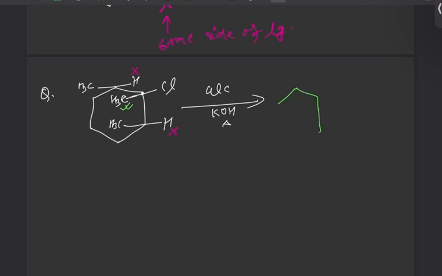So if I draw the product, now you are getting it. I have given enough examples. All of you check all the examples again and try to solve all the questions again and again. You will get it. I have given many examples of the same type. So if you see, here is CH3, so this is the possibility of formation of the product from here, but this hydrogen will remain there, this hydrogen will remain there and this hydrogen will remain there.